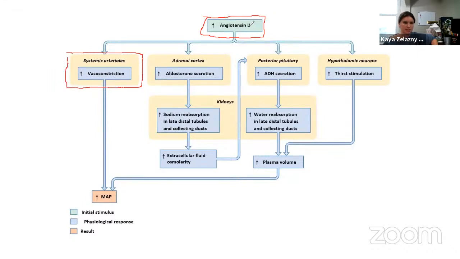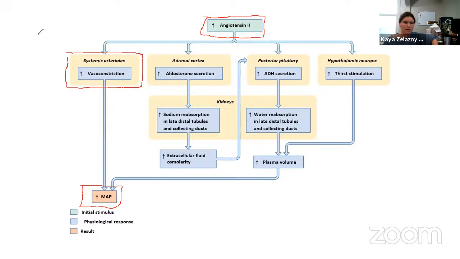So angiotensin 2 uses this system to increase MAP, so to increase blood pressure. So you can immediately see why, if you have high blood pressure, you might want to turn off this system. Okay.